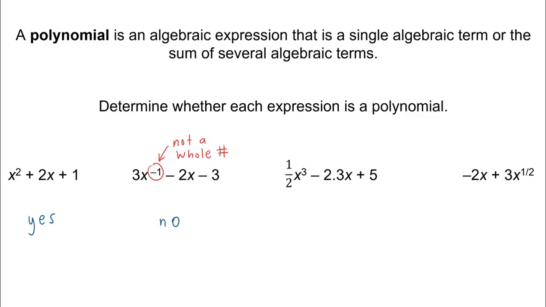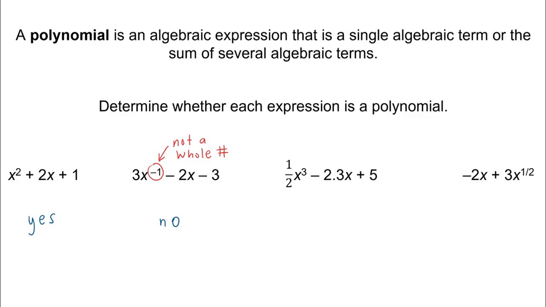The third example contains 3 terms. The first one is 1/2 x to the third. The second one is minus 2.3x. And the third is plus 5. Now, I don't see anything in this expression that would disqualify it from being a polynomial. The first term has an integer coefficient of 1/2 and a whole number exponent of 3. So we're good.